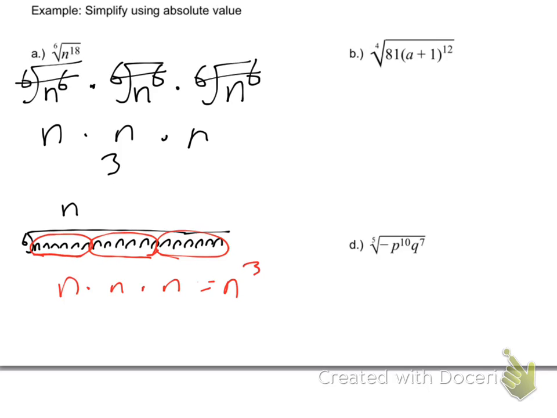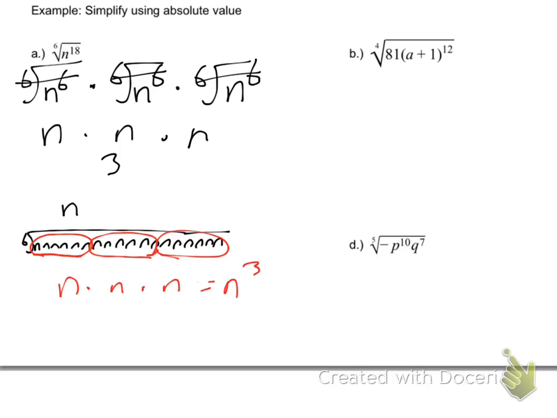The hard work's already been done for you. And so, wait a minute. Is it really any difference between a to the 12th power and a plus 1 to the 12th power? I mean, there's a huge difference overall in the value that it could represent, but not in the way that you're going to use it.